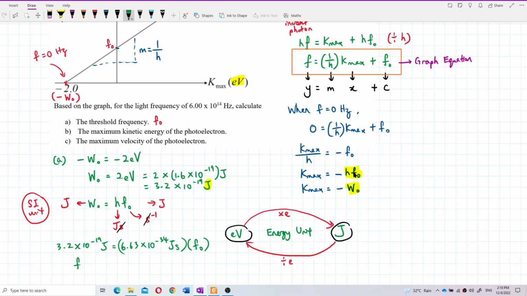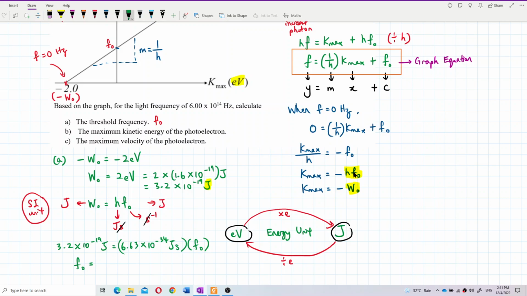I divide 3.2 exponent negative 19 by 6.63 exponent negative 34.